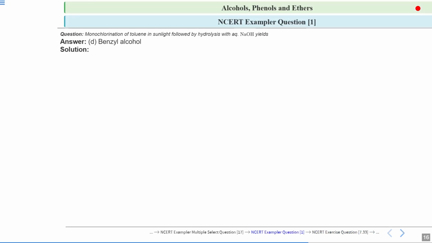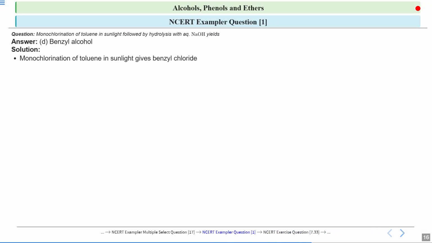Okay, students, so let's see the solution. The correct option for this is D, that is benzyl alcohol. Whenever there is monochlorination of toluene in sunlight, it gives you benzyl chloride. So there is a benzene ring to which a chlorine is attached. So there is monochlorination of toluene, it will give you benzyl chloride.